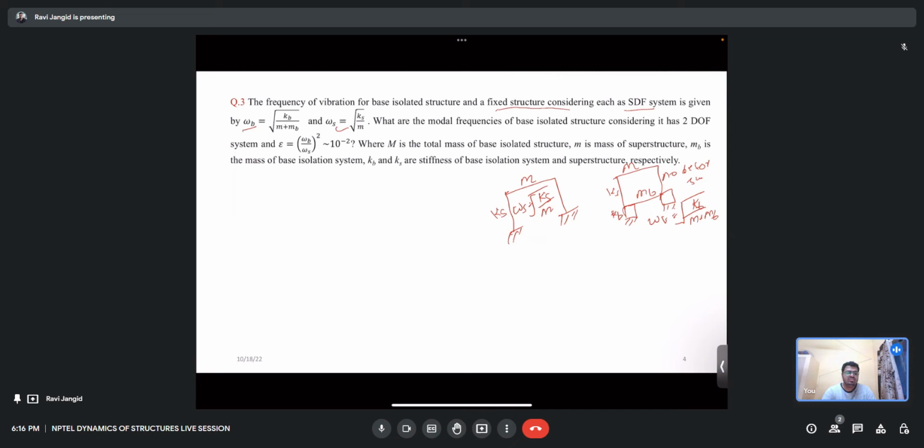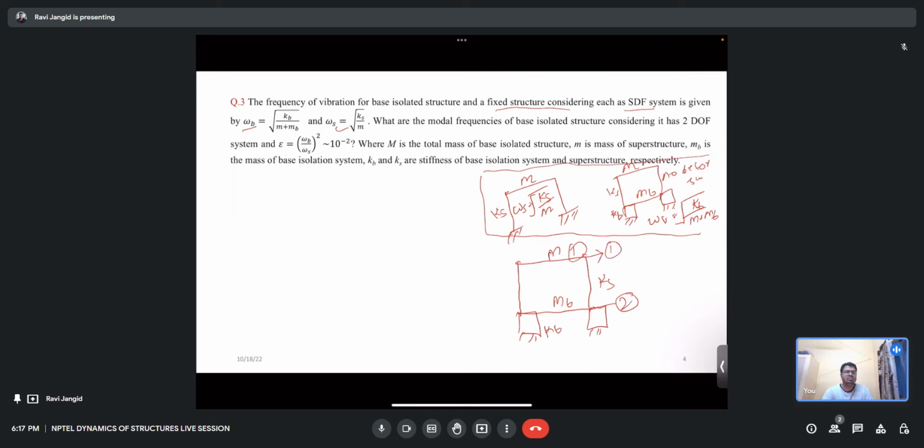These are the frequencies when we consider our isolated structure as an equivalent single degree of freedom system, the SDOF. What are the modal frequencies of the base isolated structure if we consider it as a 2 degree of freedom system? If I have a base isolated structure with mass m, mb, ks, kb, I consider this as 1 degree of freedom, and this as a 2 degree of freedom system, 1 and 2.